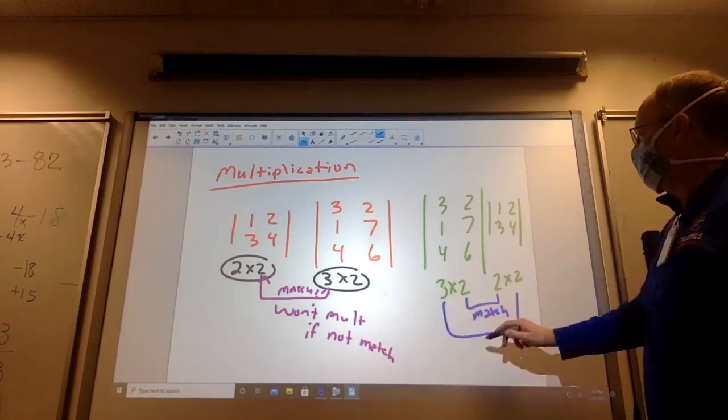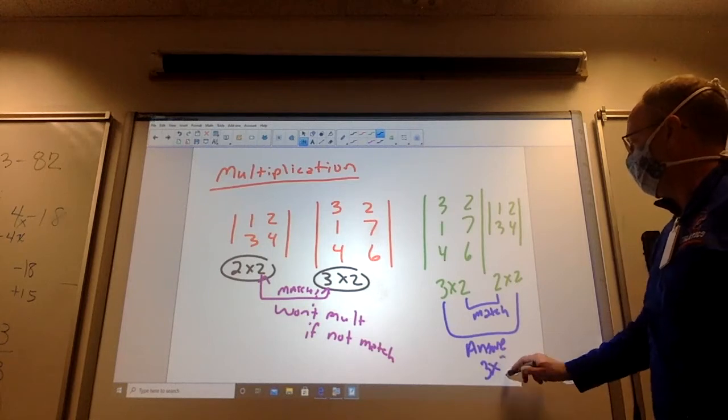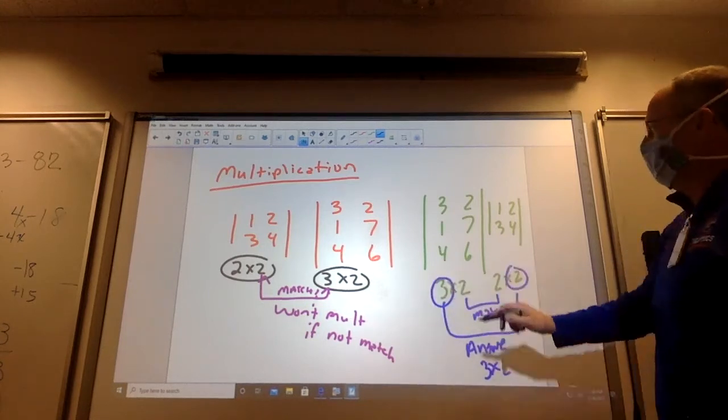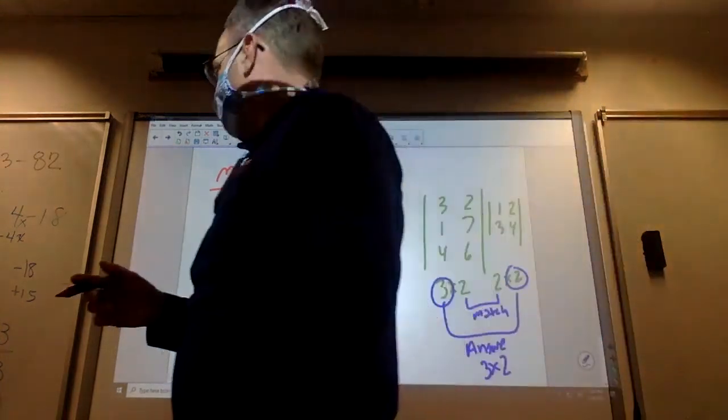So our answer will be a 3x2 matrix C. The outside dimensions tell you what it's going to be. So just know when you're multiplying two matrices together, it's very possible that the inside dimensions don't match, which means you cannot multiply them. Remember, when you add or subtract them, they have to be the identical dimensions. When you multiply them, then they have to match.